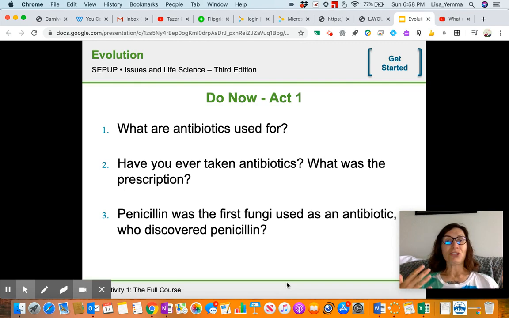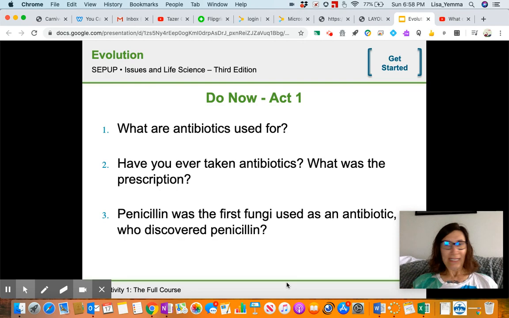So why can't we just take antibiotics to get rid of it? Because they don't work. Now, in addition to antibiotics not working, there is an additional side effect that's really negative for humans when we use antibiotics when we shouldn't, or when we take them incorrectly.